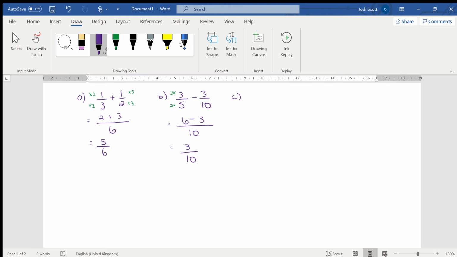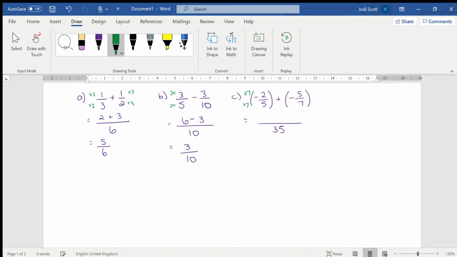Okay, so for C, we're going to add in some negative numbers, so negative 2 over 5 plus negative 5 over 7. So again, we still just draw a line, and let's think of our denominator. So we've got a 5 and a 7. The easiest one would be to multiply them together, and that would give us 35. So 5, to get to 35, we had to multiply by 7.